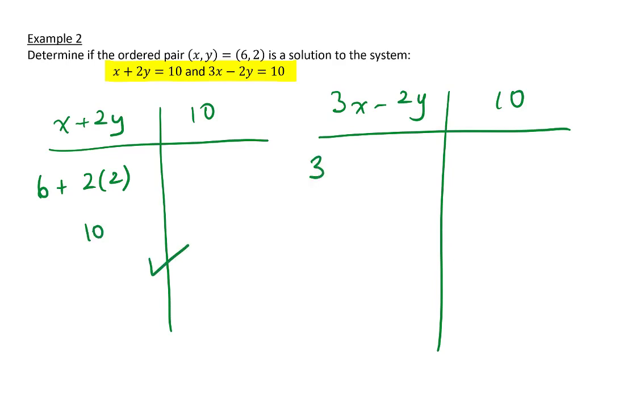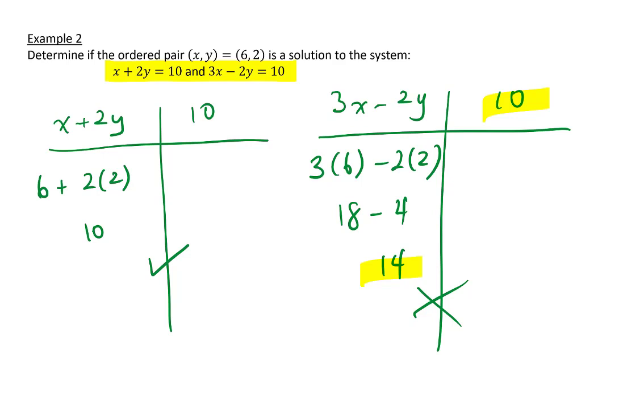Let's try the other one. 3 times 6 minus 2 times 2. So that is going to be 18 minus 4, 14. 14 does not equal 10. So this is not a point on that line. So the point (6, 2) is only on the first line and not on the second line.